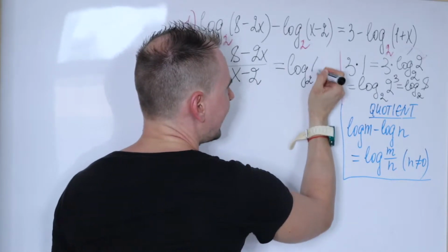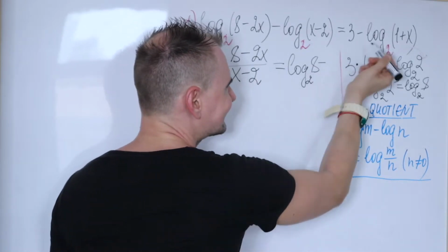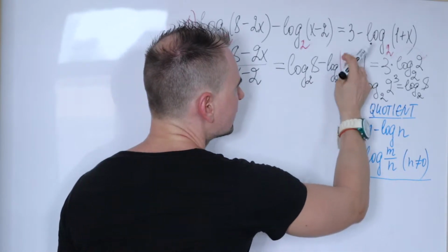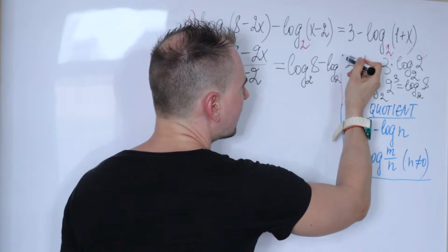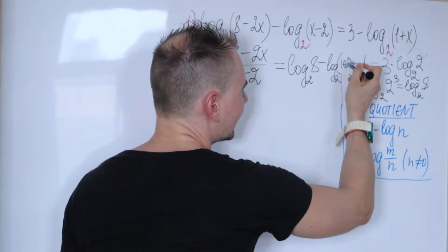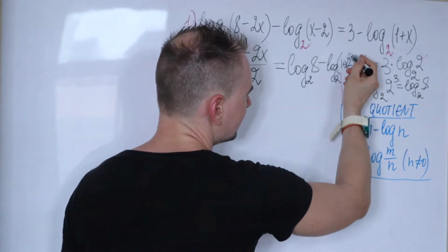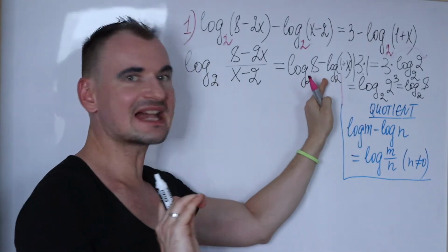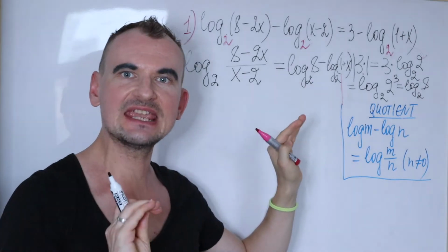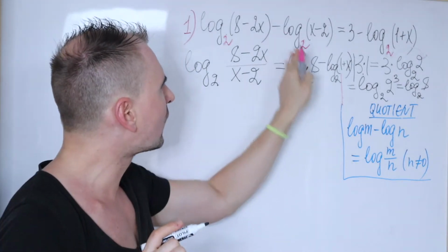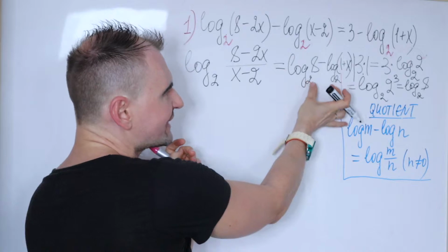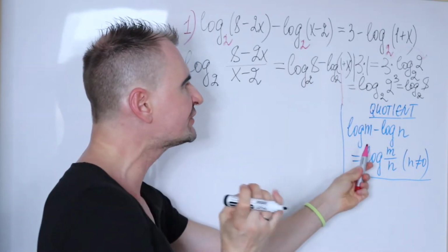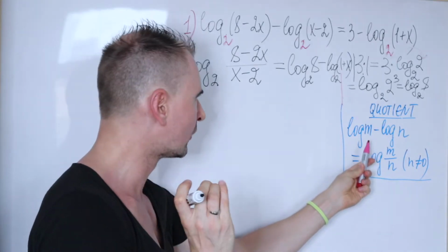Now I'm going to replace this 3 with log to the base 2 of 8, and still we have this log to the base 2 of 1 plus x. It's going to be a little bit of a mess. Now on the right side I can do the same thing I did before. I can combine these two logs into one by using the quotient rule.